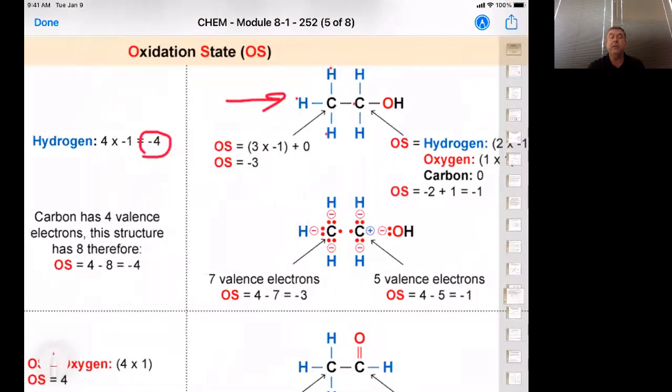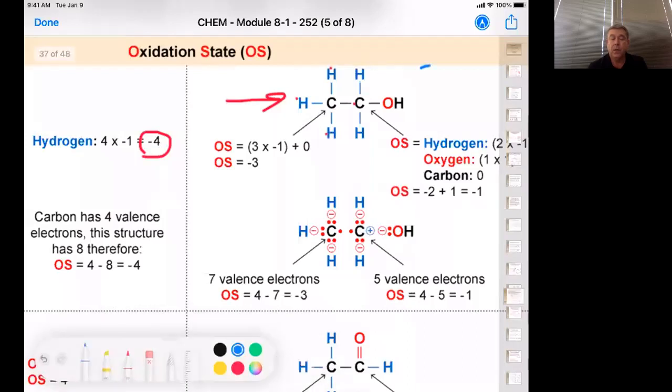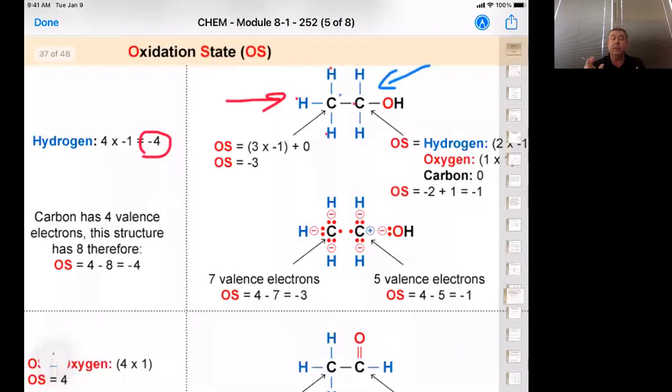We have a bond to carbon, that's 0. So the oxidation state here is -3. But let's look at the other side. We have a bond to carbon, which is 0, a hydrogen, which is -1, a hydrogen, which is -1, and an oxygen, which is +1. That means our net oxidation state is -1. It started out as -4.